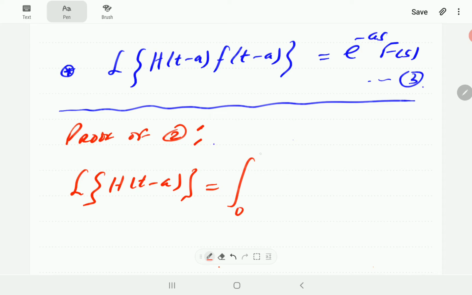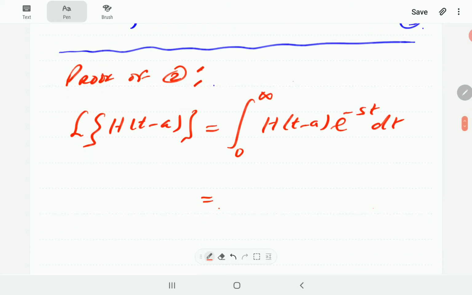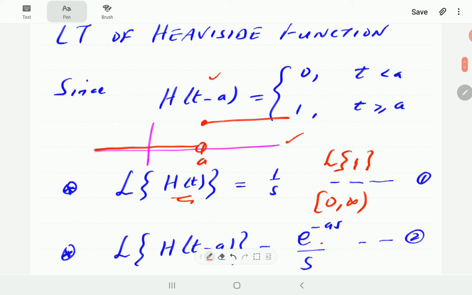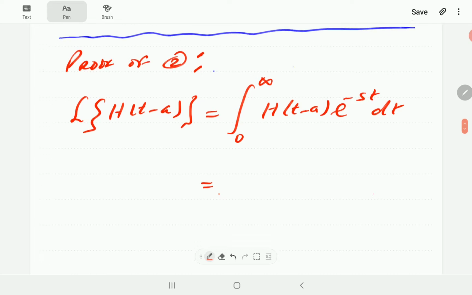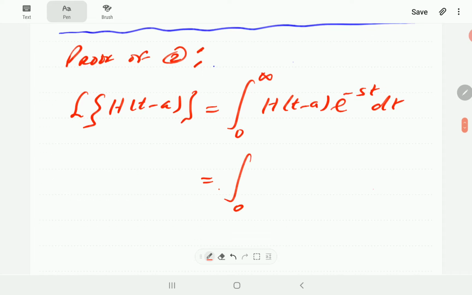So the Laplace transform of h of t minus a, using the definition of the Laplace transform, is going to be the integral from 0 to infinity of h of t minus a times e to the minus st dt. Now remember for the Laplace transform we're interested in this interval here. So this is going to be the integral from 0 to a, but in that interval h is 0.